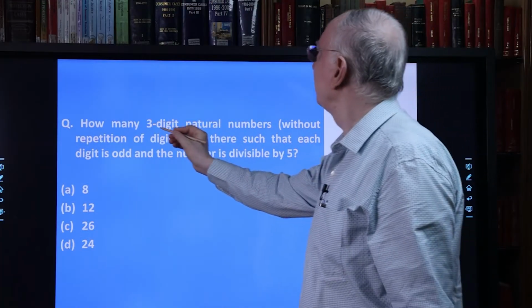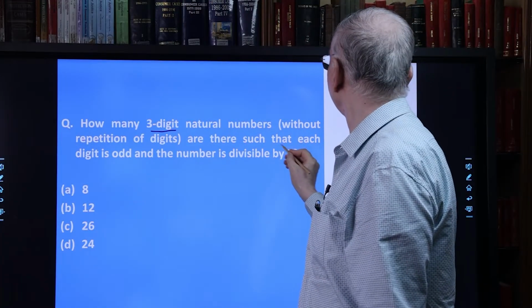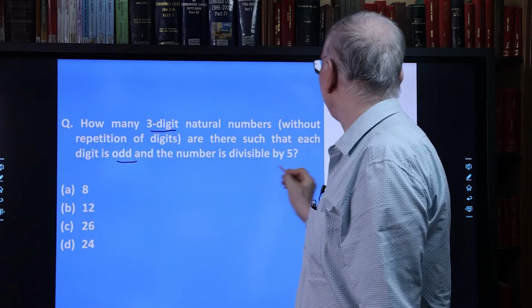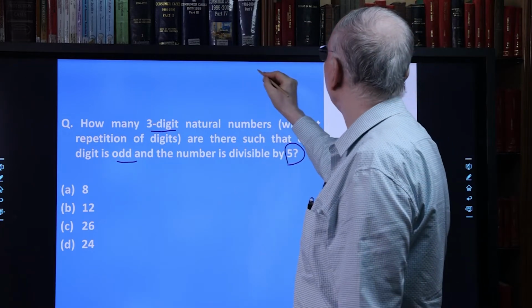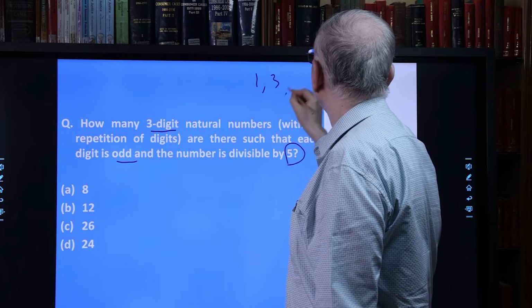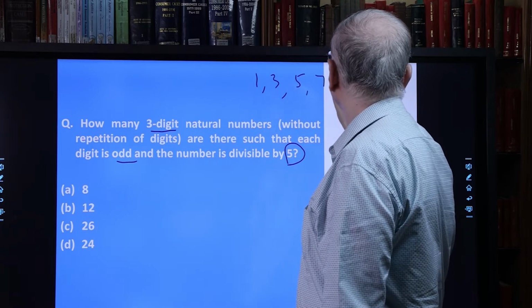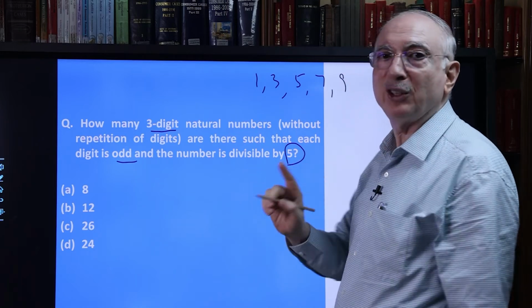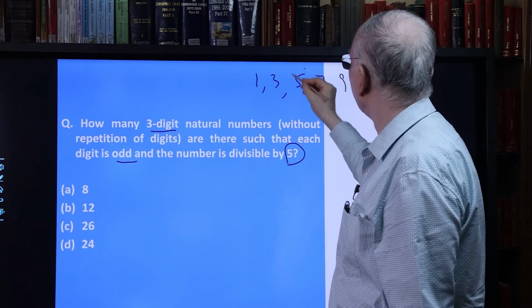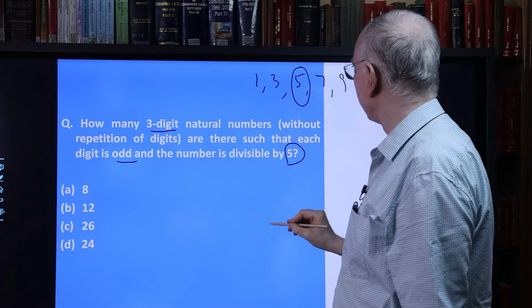Here we have to see 3-digit numbers, odd numbers and divisible by 5. Now which are the odd numbers? 1, 3, 5, 7, 9. If a number is to be divisible by 5, its unit place has to be 5. So this unit place is fixed.